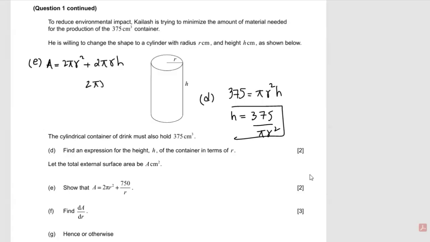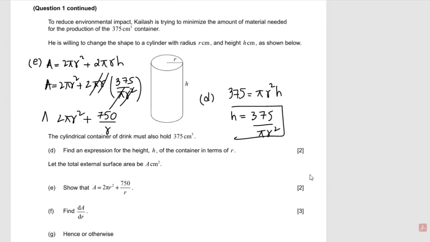So let's plug it in. This is going to be 375 over pi r squared, times 2 pi r, plus 2 pi r squared. The pi cancels the pi, r cancels the r. 375 doubled will be 750, divided by r, and plus 2 pi r squared. Here we go. That is the answer for part E, shown.